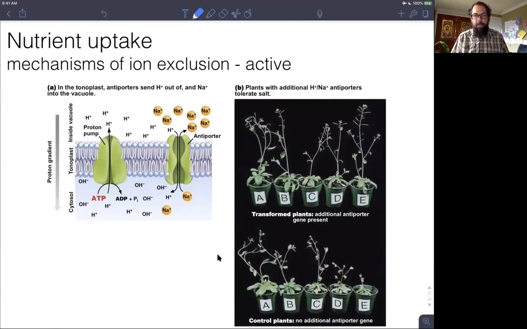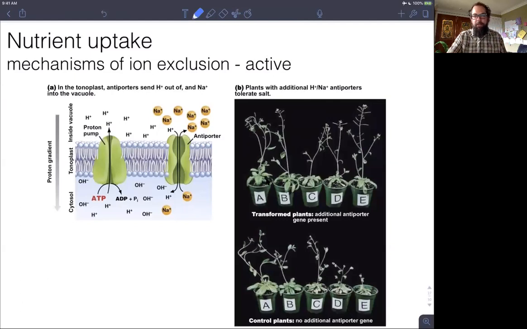Arabidopsis is a model plant system because it has a very quick generation time, and there are many known mutants in this. And so here is a slide showing plants that have additional antiporters present. They've done an experiment to transform these plants so that they make more of these sodium antiporters along their tonoplast. So these have a lot of them.